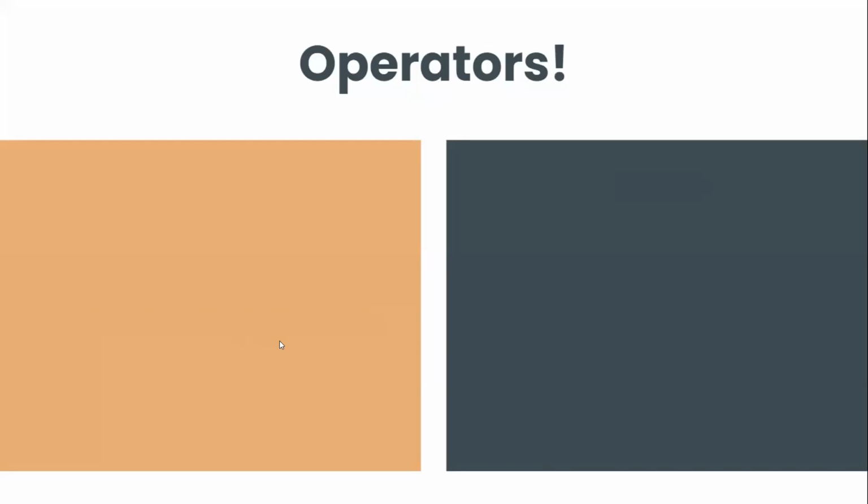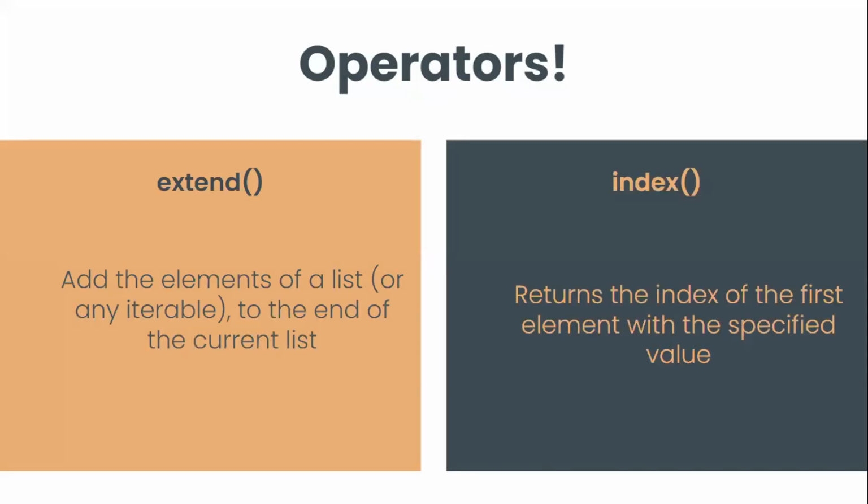Next we have dot extend and dot index. So dot extend is in a way similar to dot append, where it adds elements of a list to the end of the current list. However, dot extend can take in another list or another tuple or dictionary.